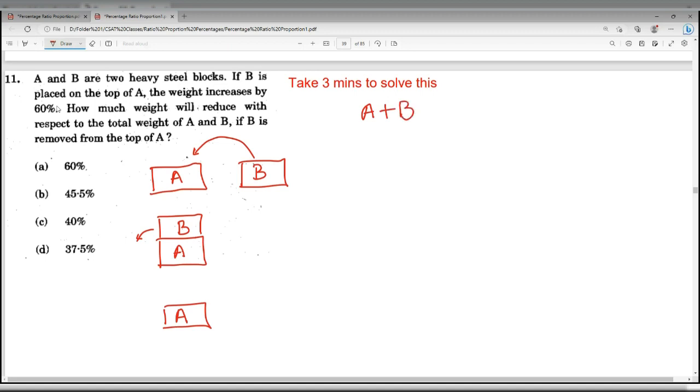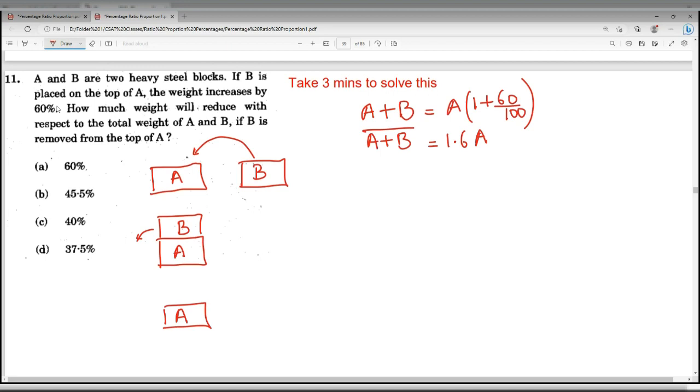Once B was added, the total weight would be A plus B. They're saying once B was added, the weight increased by 60%. So earlier weight was only A, and the final weight increased by 60%. This is 60 by 100, which is equal to 1.6A. So A plus B is equal to 1.6A.